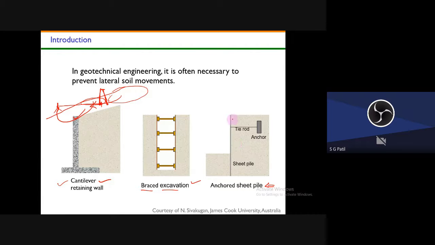This is the sheet pile. Once you cut the soil, the soil will try to move like this, so to arrest that, you build this sheet pile wall. The sheet pile wall is subjected to the lateral movement of the soil. This is also one kind of retaining wall.